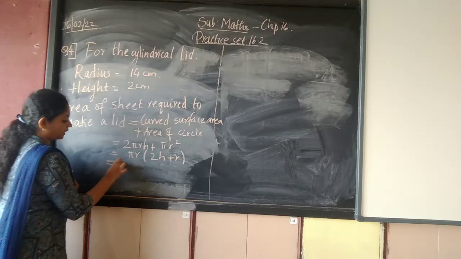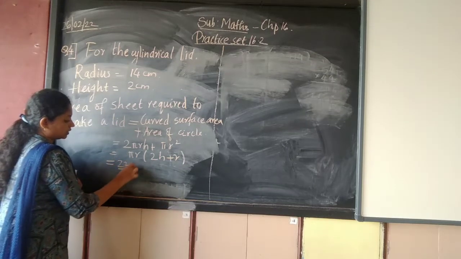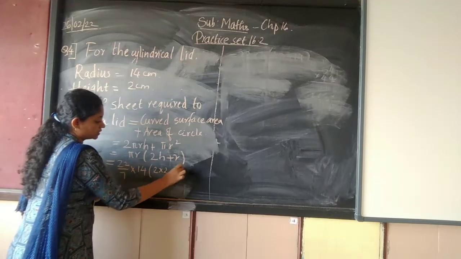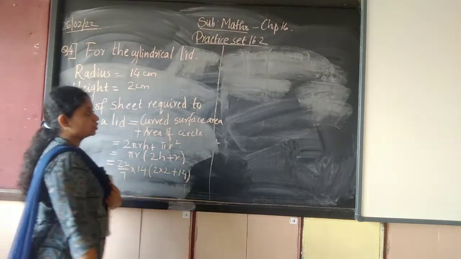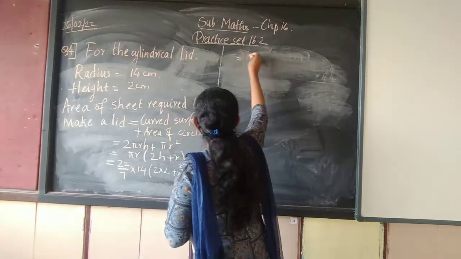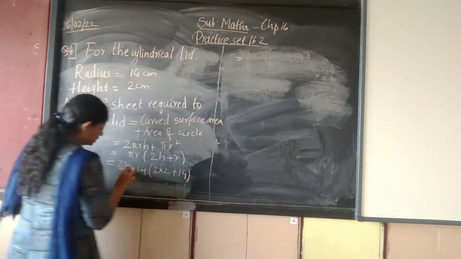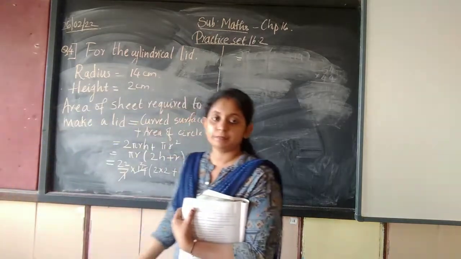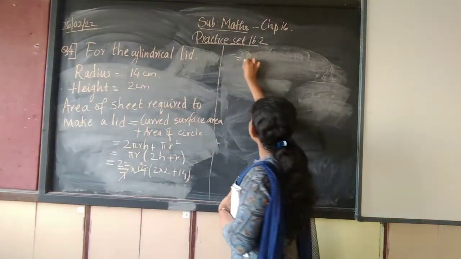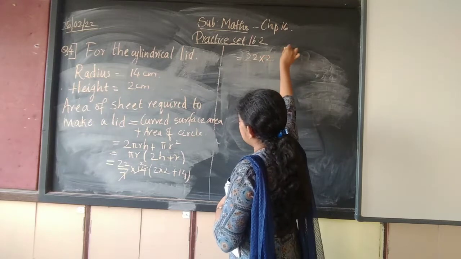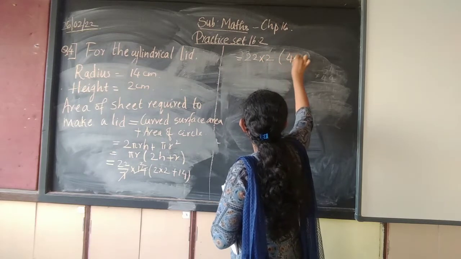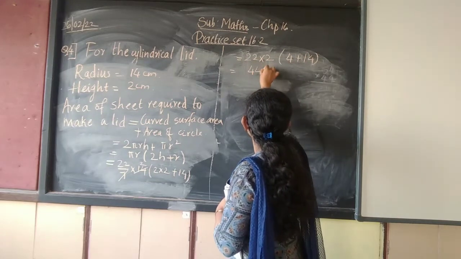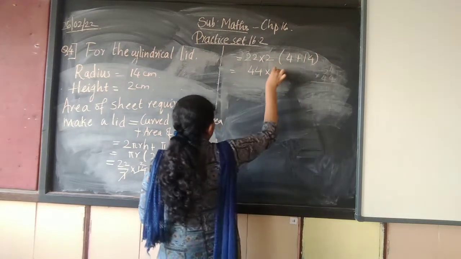Substitute the values. 22 upon 7 into 14, 2 into 2 plus 14. So what you are going to get here is, we can cancel 7 and 14. 7 twos are 14. Correct? Now 22 into 2 multiplied by 2, 2 twos are 4 plus 14. 44 into 14 plus 4, 18.